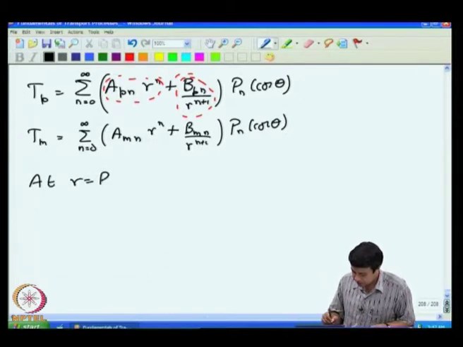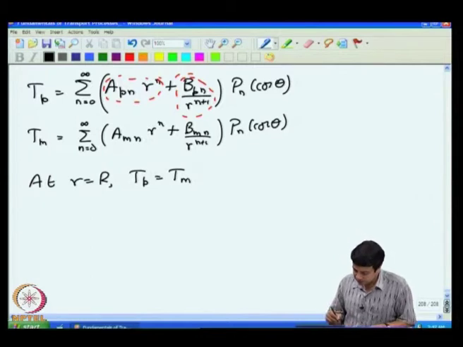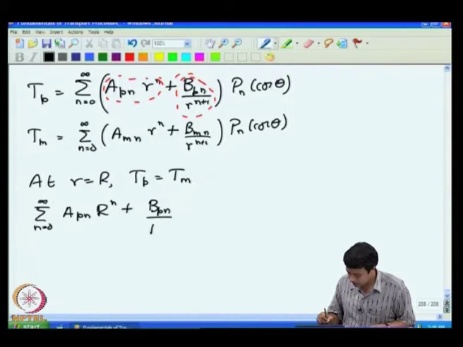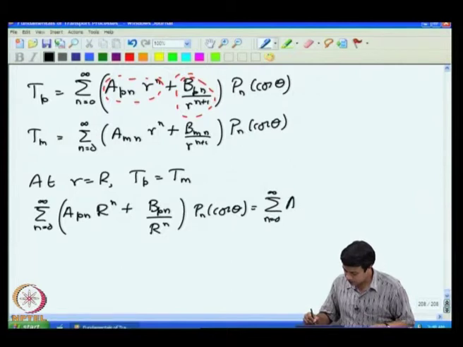At the surface, at r is equal to capital R, I require that Tp is equal to Tm, which means that the summation n is equal to 0 to infinity of Apn r^n plus Bpn by r^(n+1) times Pn of cos theta is equal to the summation to infinity of Amn r^n plus Bmn by r^(n+1) times Pn of cos theta.